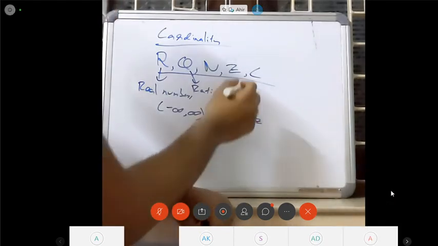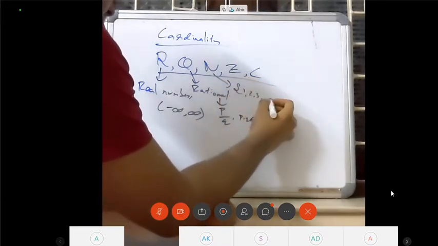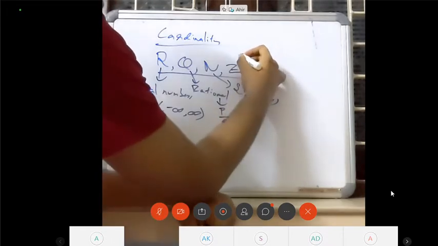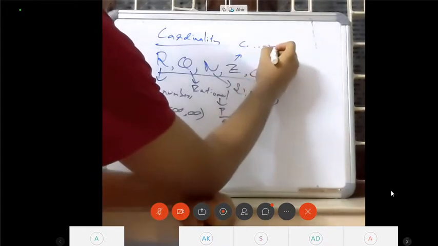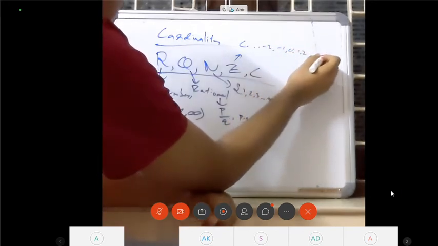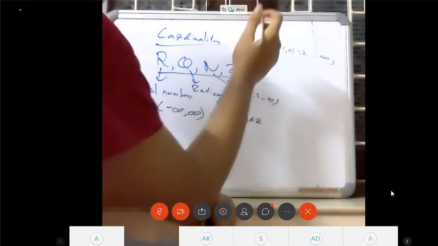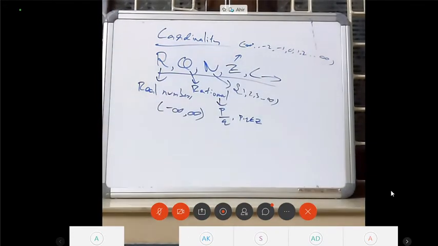What is a natural number? You know by now. 1, 2, 3 up to infinity. Z is the set of integers. So you have negative numbers as well, -2, -1, 0, 1, 2 up to infinity, and minus infinity over here as well. And complex numbers, it includes real numbers plus stuff like 4 plus 2i, 5 plus 3i.